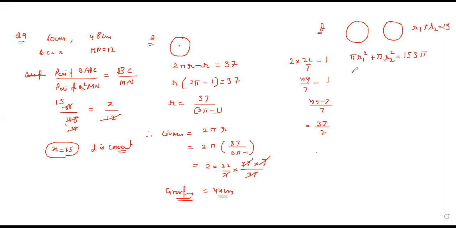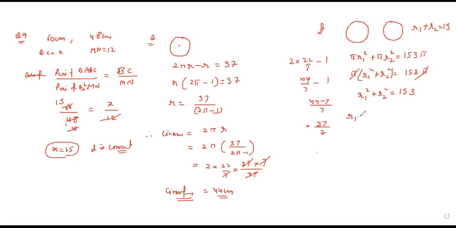So take pi outside. This is r1 square plus r2 square, equal to 153 pi. So pi goes. r1 square plus r2 square is equal to 153. r1 plus r2 is given to you as 15. From here I will find the value of r1 minus r2. How?